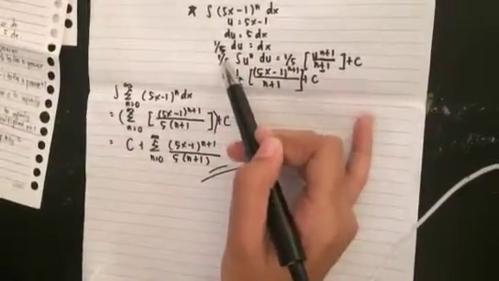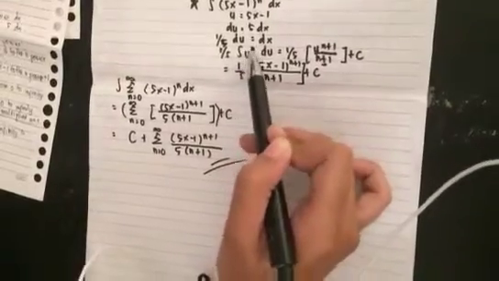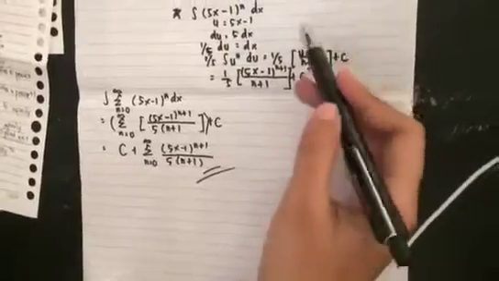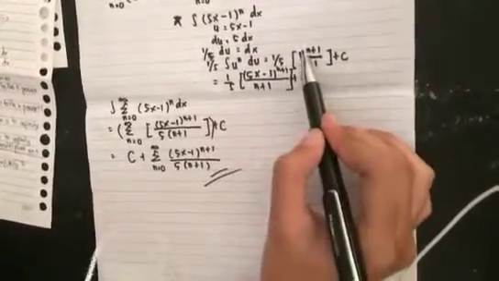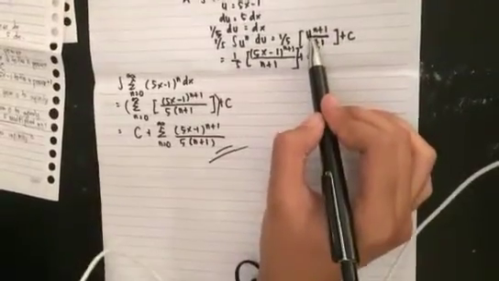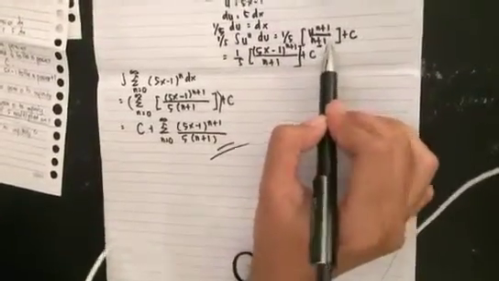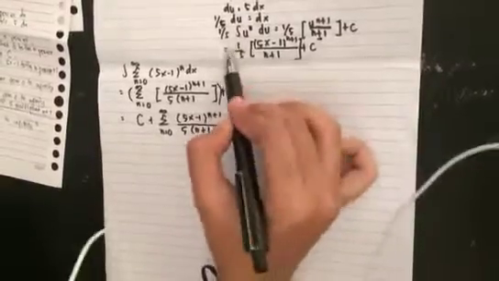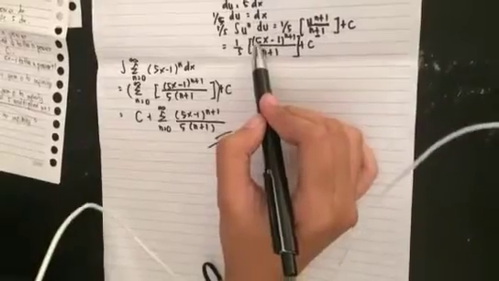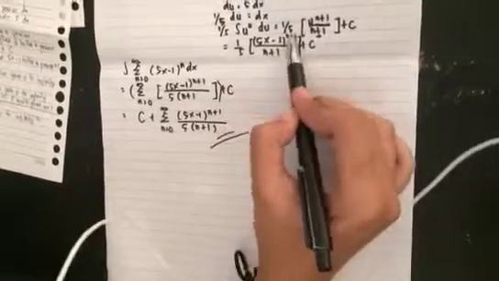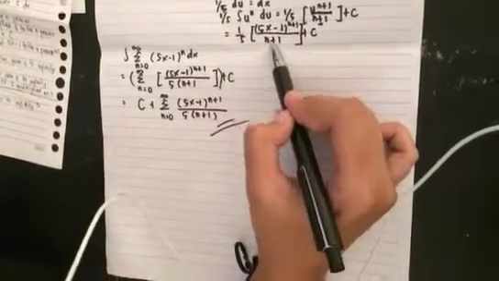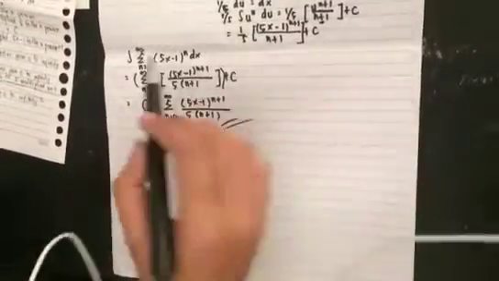Then 1 over 5 times the integral of u to the n du equals 1 over 5 times u to the n plus 1 over n plus 1 plus c, equals 1 over 5 times 5x minus 1 to the n plus 1 over n plus 1 plus c.